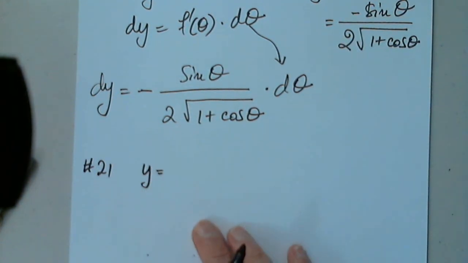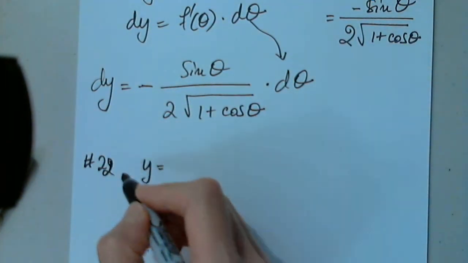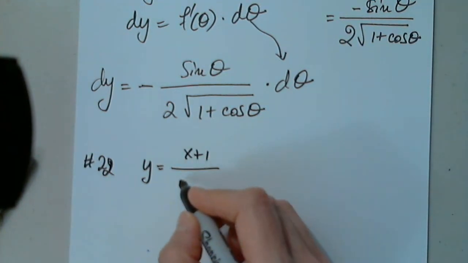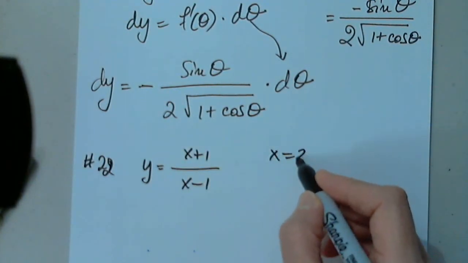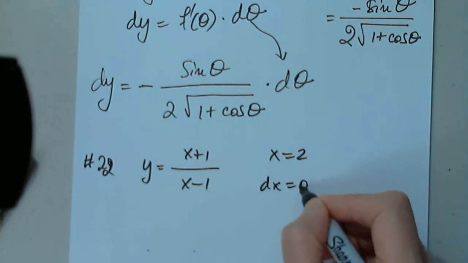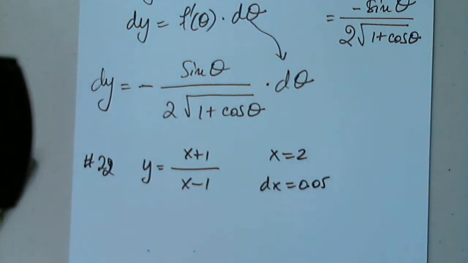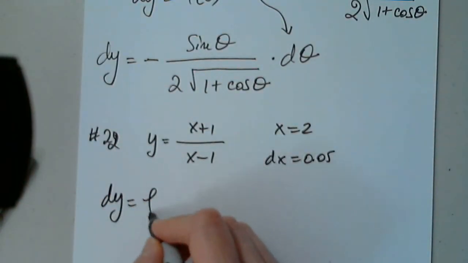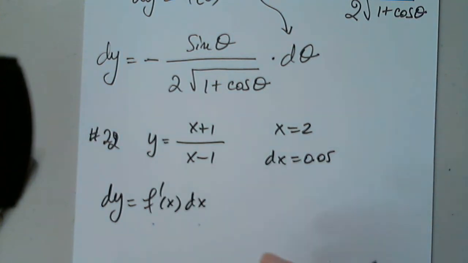We just did a square root. Let's look at 22. y equals x plus 1 over x minus 1, x equals 2, and dx is tiny, 0.05. Okay. So they want us to find the differential first and then evaluate it for something. So remember the differential will be f prime of x dx.